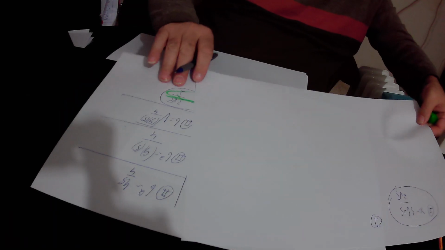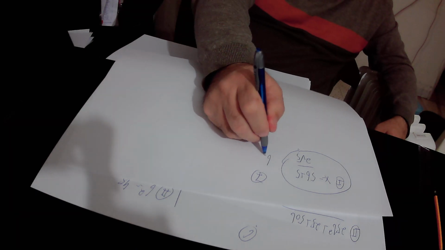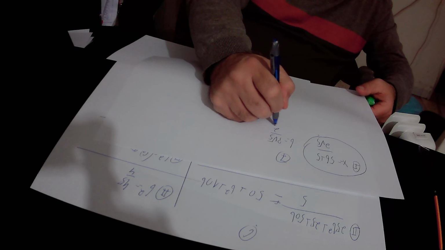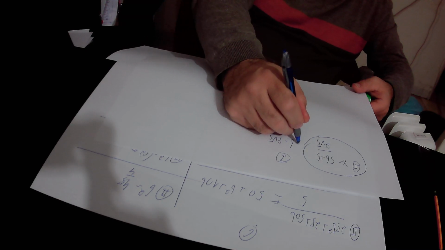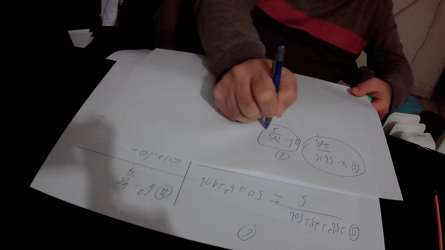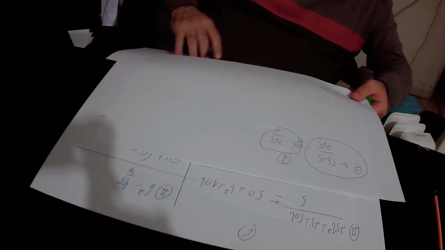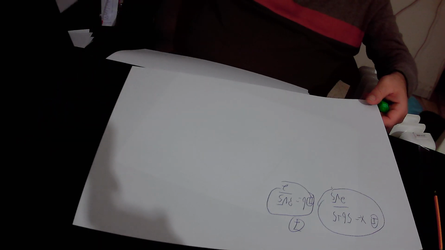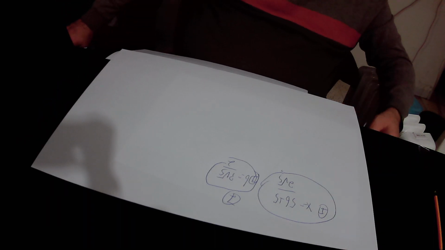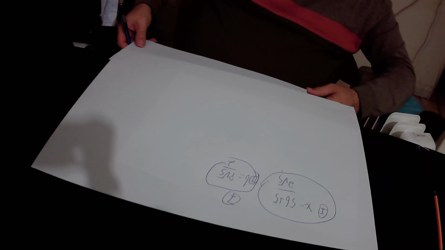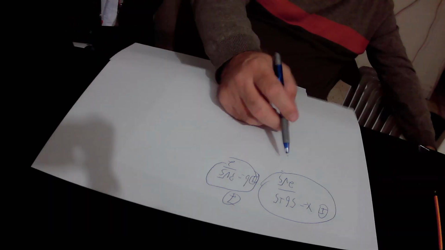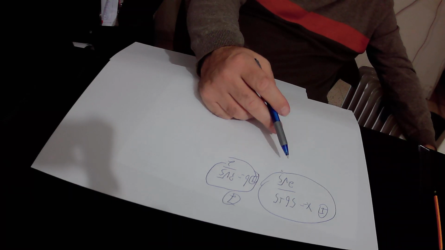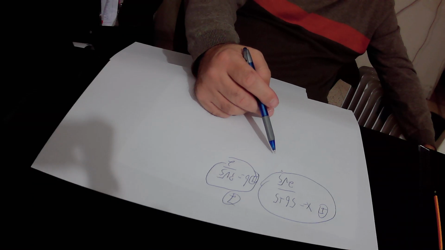But we just found out that b equals 3 times square root of 5 over 2, according to equation number 2. So here we substitute b in equation number 1 by 3 times square root of 5 over 2, and we get the value of x, that is the value that we are looking for.